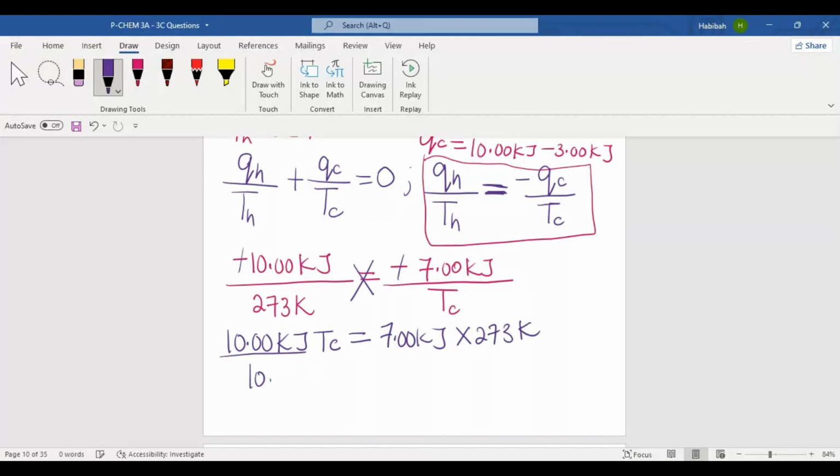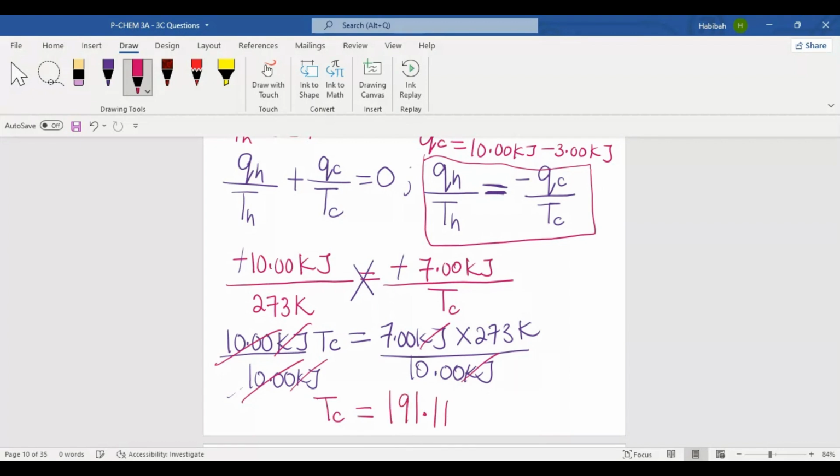Divide by 10.00 kilojoule, and the kilojoules cancel out, because we're trying to find just TC. So TC is 7.00 times 273 Kelvin divided by 10.00, which gives us the temperature of the cold sink to be 191.1 kelvins.